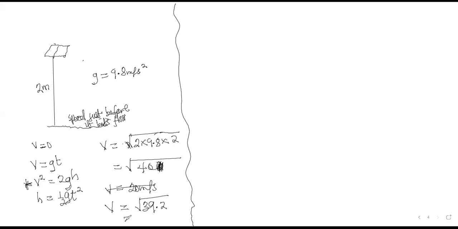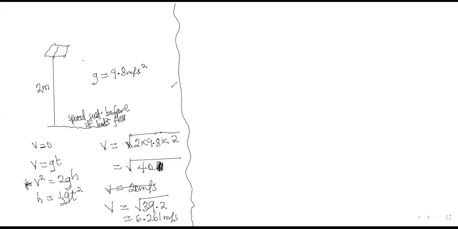So what's the square root of 39.2? Gideon, go ahead. 6.26. Okay. So this will be the velocity just before it hits the floor.